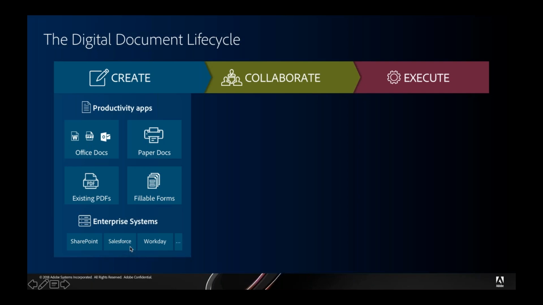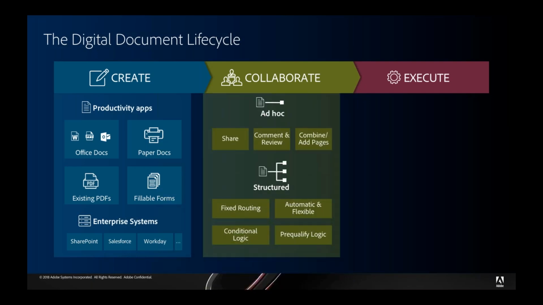And then fillable forms, enterprise systems that companies use, SharePoint, Salesforce, Workday, others, certainly Dynamics, lots of environments that people are using to do a lot of their core productivity within their business. So then you're getting into collaborating.